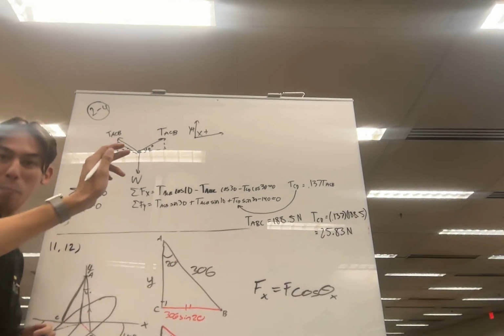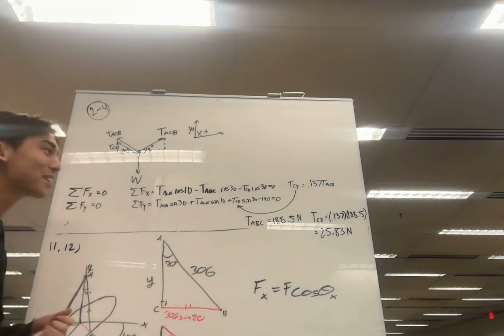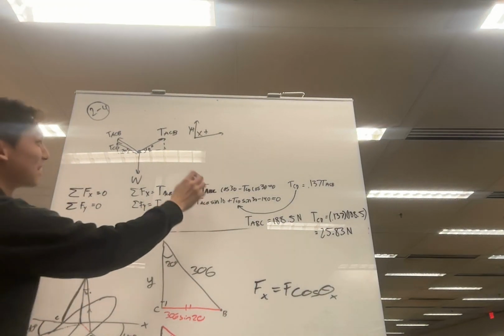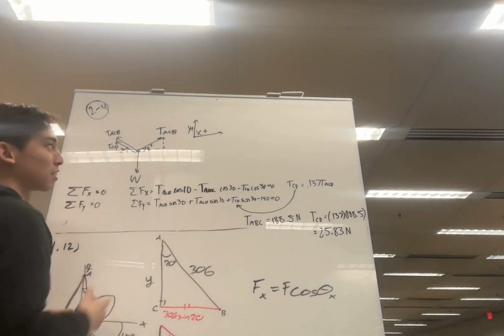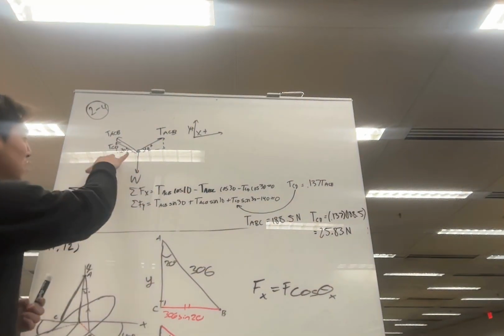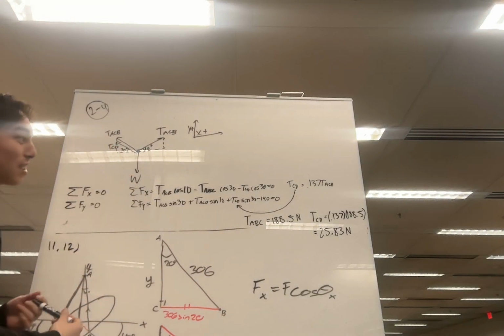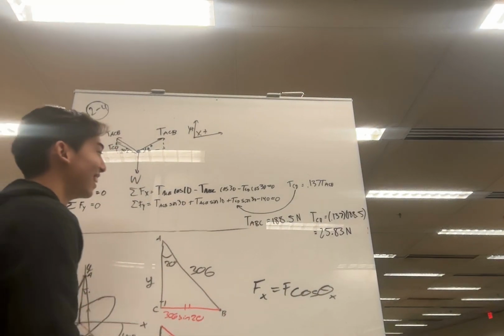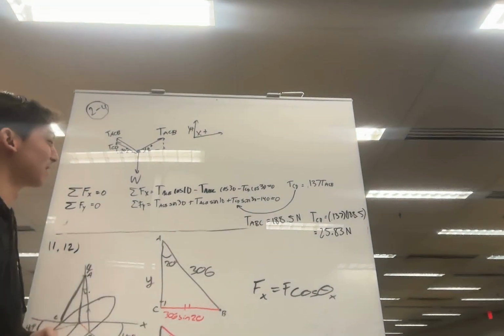It doesn't matter which way you assume these, as long as you're consistent. That's true. So then we subtract TACB cosine 30 because it's to the left. And then we also have to consider TCD, the tension of the second cable on the left. I make that 0. Yes. All right, that's halfway done.